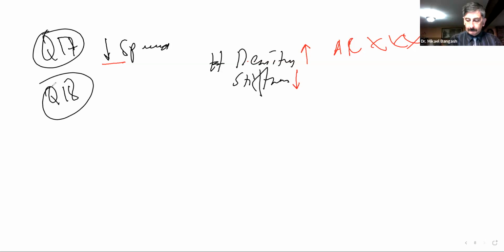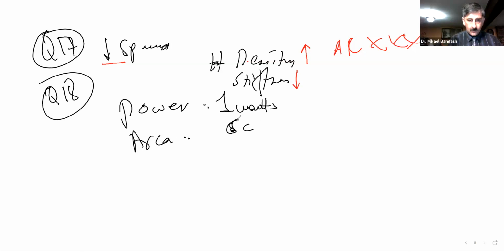Question 18. If the power in a beam is 1 watt, and the area is 5 centimeters squared, what is the beam's intensity?